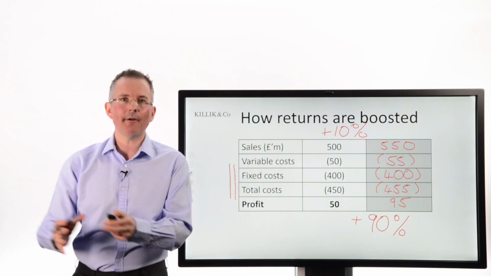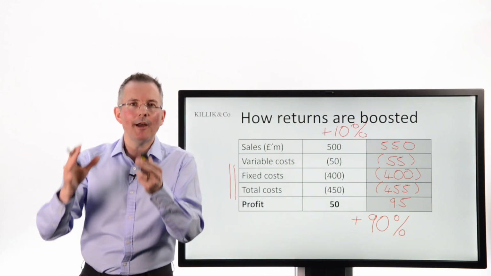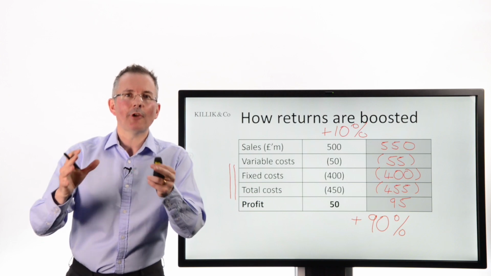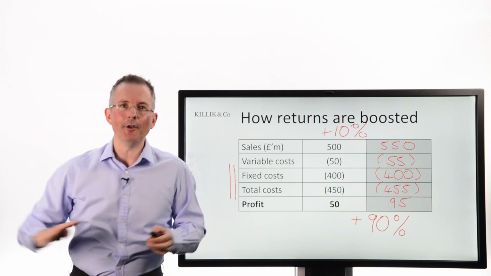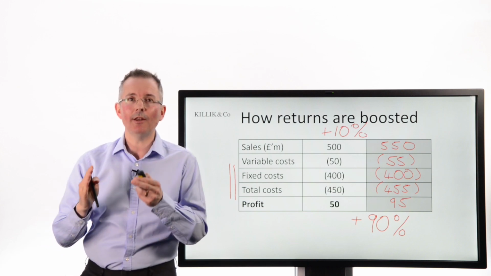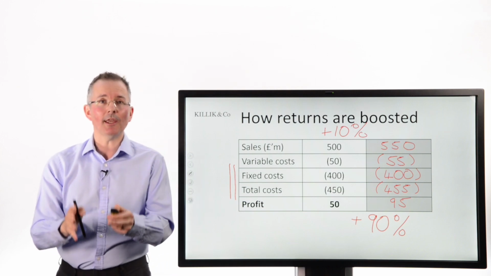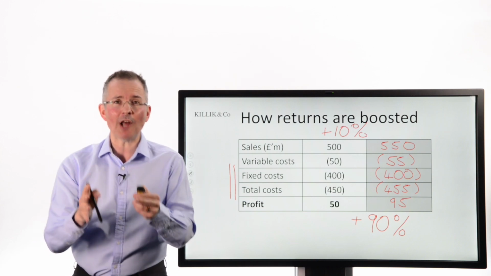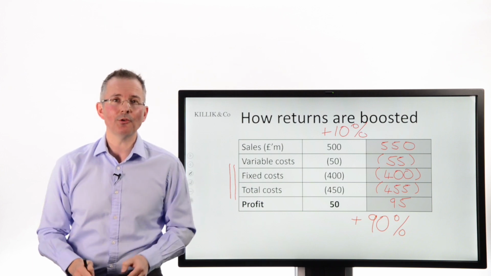That's when operational gearing works in your favour. So that high proportion of fixed costs relative to total costs has basically driven a big increase in bottom line profit from a relatively modest increase in top line sales. So you might be thinking, great, my portfolio needs to be stuffed full of firms with high operational gearing.